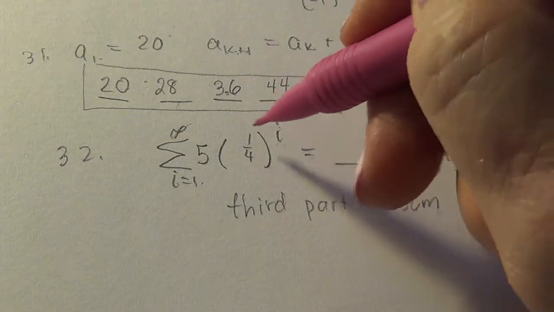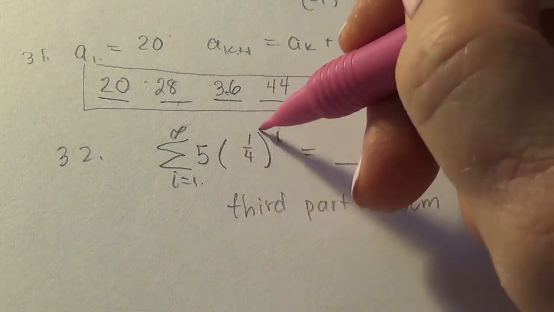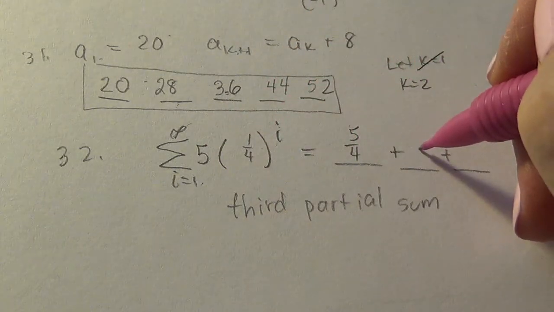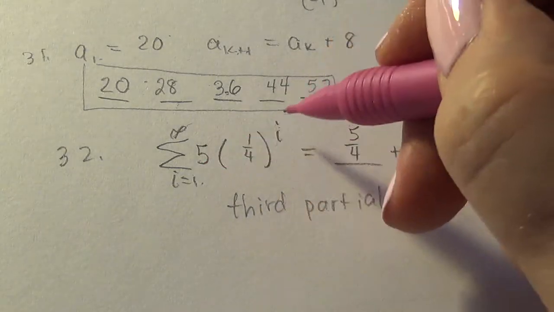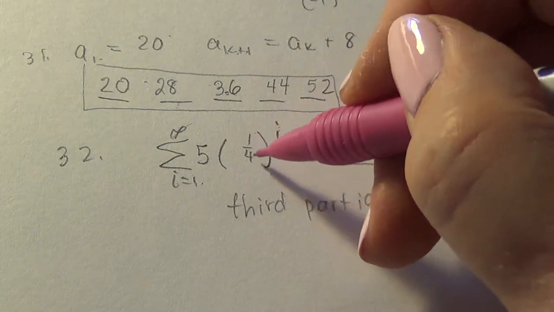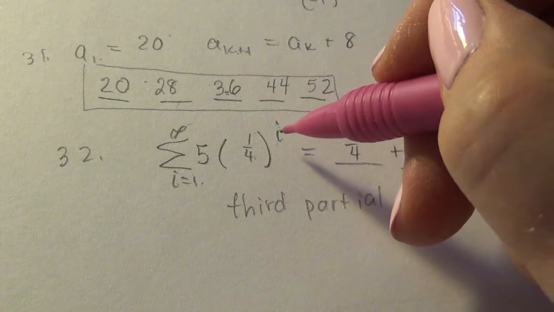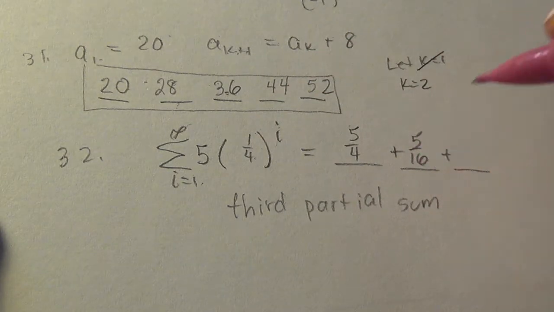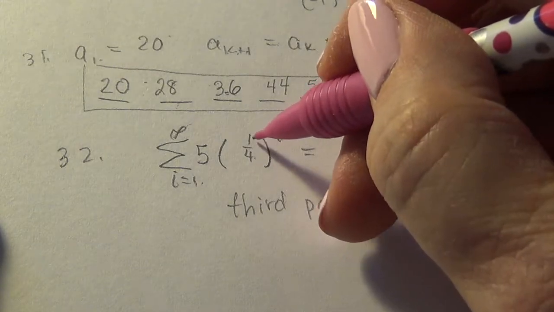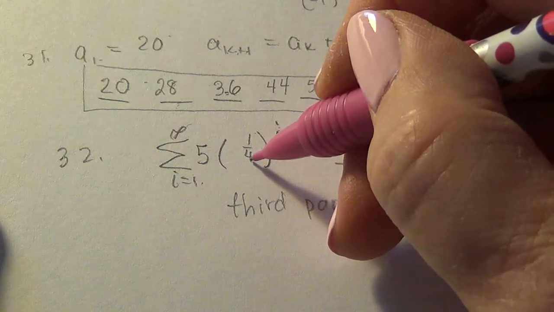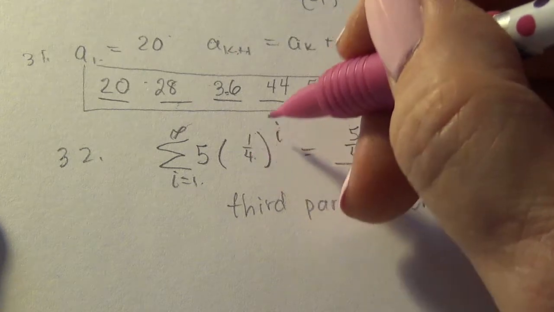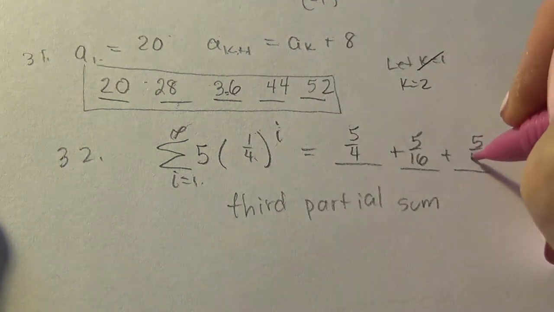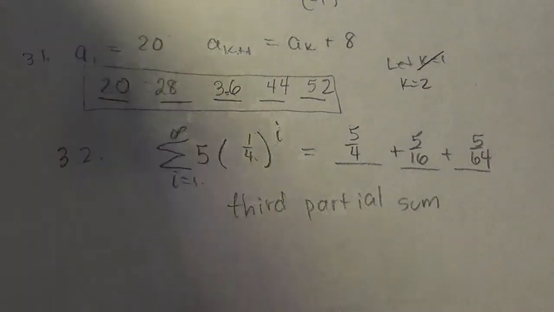Alright, the first one, when i equals 1, is 5 times 1/4, 5/4. The second one is when this goes to a 2, so we have 1/4 squared, which is 1/16 times 5. And then the third, 4 times 4 is 16, times 4 is 64, 1/64 times 5. And so then we add all that up.